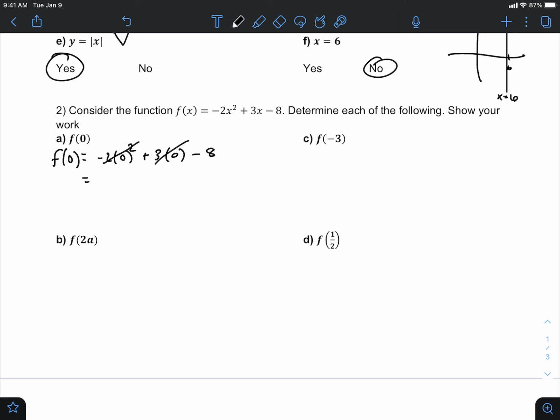Okay, f at 0 is going to equal -8. Okay, f at -3, that might require a little bit more work just in terms of calculations. That's going to equal, just plug it in, -2 times -3 squared plus 4 times -3 minus 8.